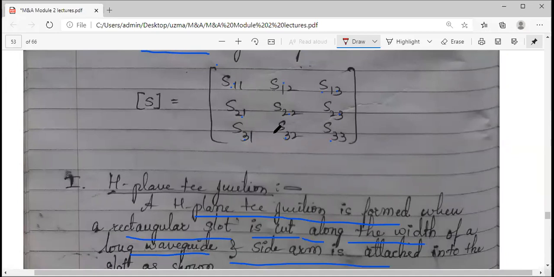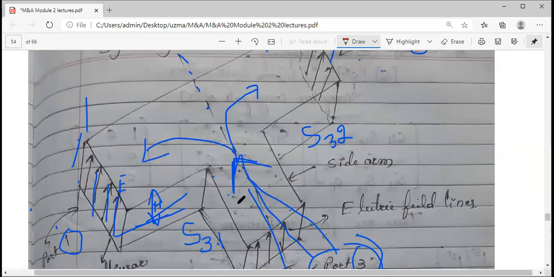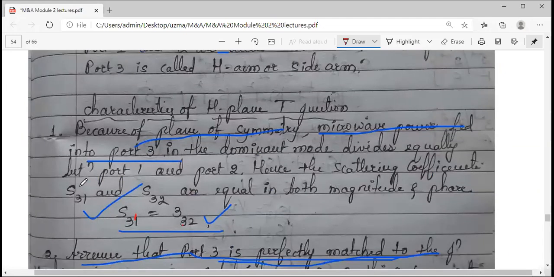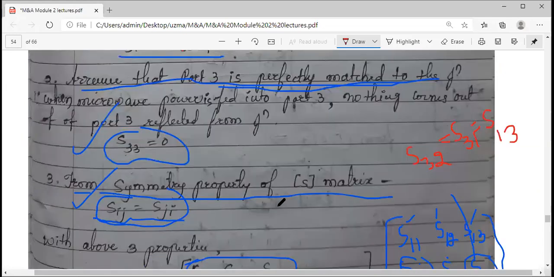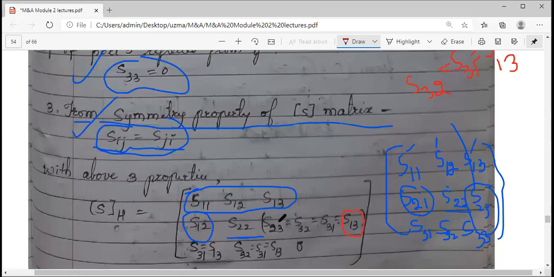Instead of solving directly, if I apply some characteristics, which I have already listed, 1, 2, and 3, I can reduce the number of unknowns here. See, how many now? S11, S12, S13. Here it is again repeated. S12, you have S22. So again I have got S13 only. Repeat. So I am reducing the number of unknowns so that it is easy for me to find the parameters.